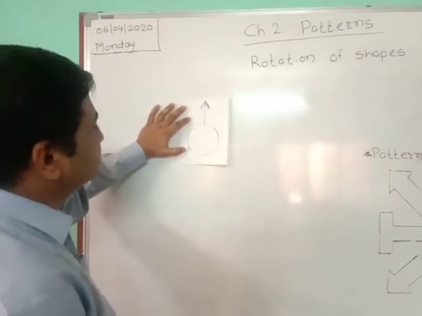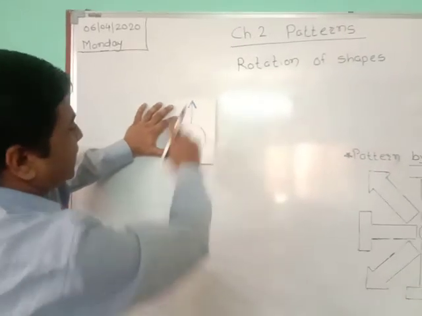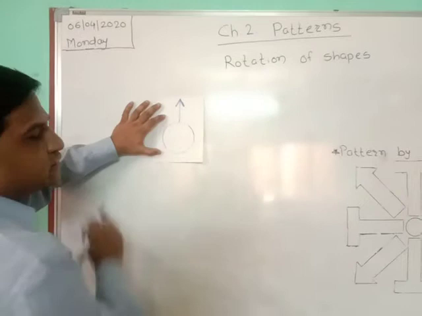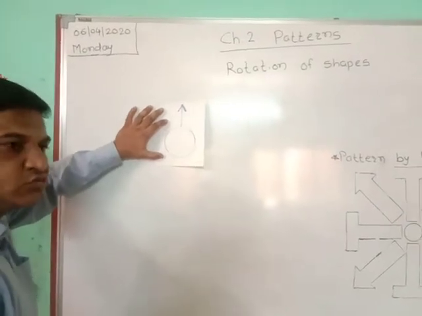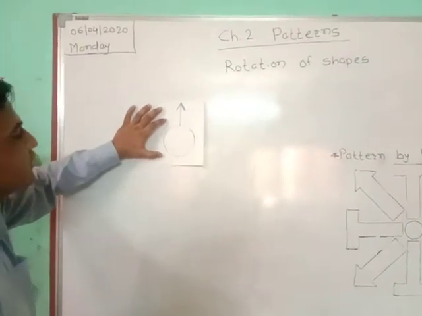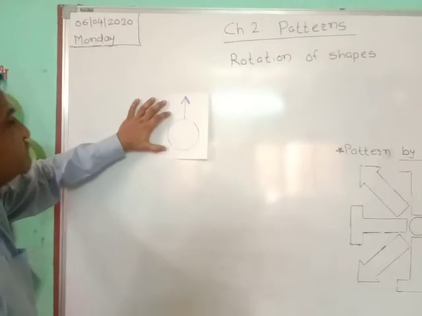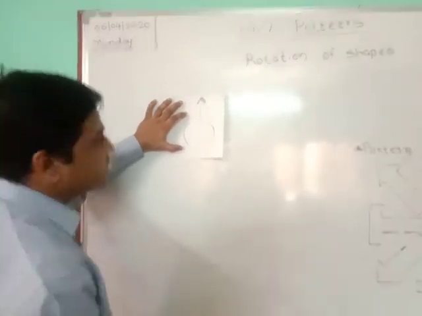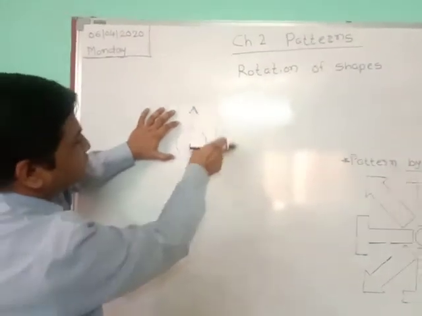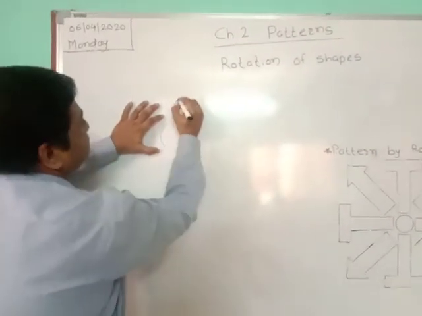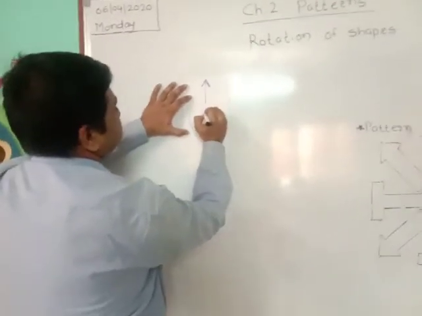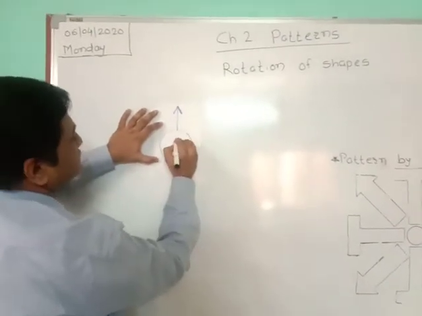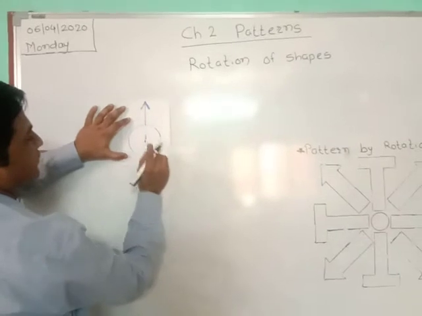Now let us turn the next shape, which is a circle with a pointed head. Suppose I say to rotate this shape through 1/3 of a turn in clockwise rotation. So 1/3 of a turn means we are going from 12 to 4. First of all we will draw a reference line so that we are able to turn about it.